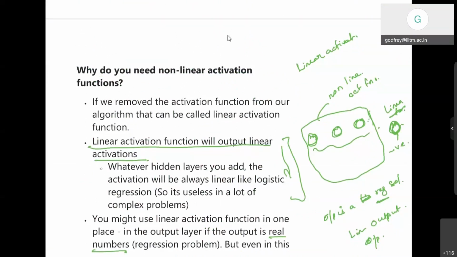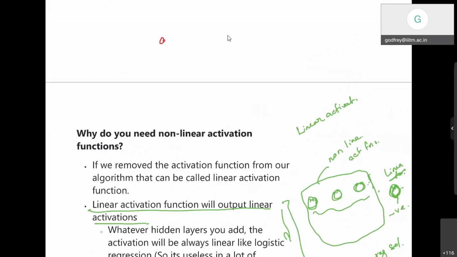Say for instance we have A1. What is this? This is the first layer activation, which is basically sigma of Z1. If the first layer activation was a linear function, then here we are going to have Z1 itself, because Z1 is a linear function.